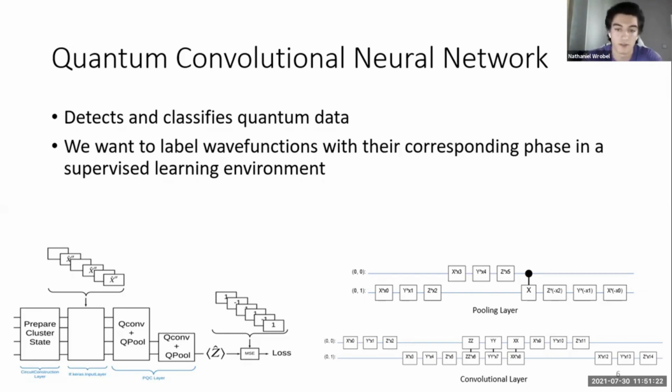Once we get down to our final qubit, we can make a measurement on that qubit and find out if the predicted value for the label was correct or incorrect. Regardless of whether it's wrong or right, we have a value for the loss through the mean squared error, which tells us how far off the prediction was from the true value.